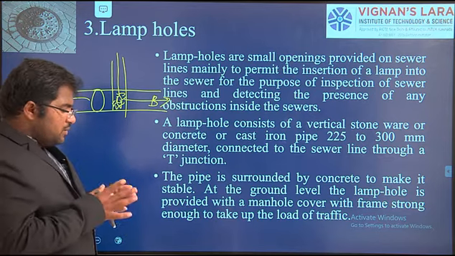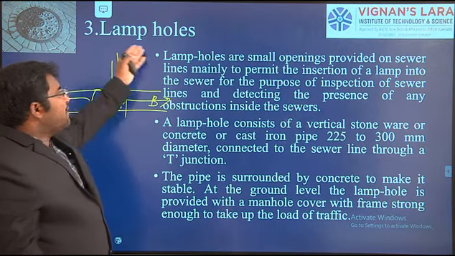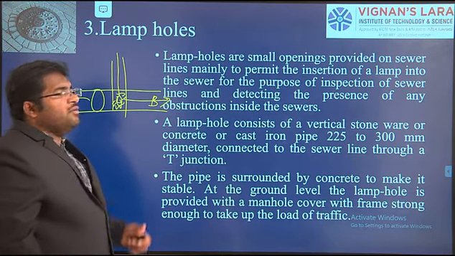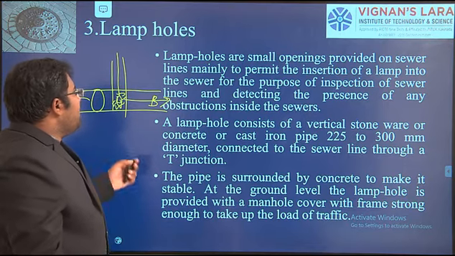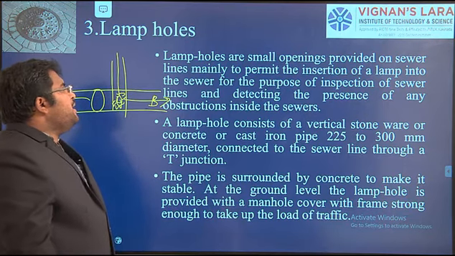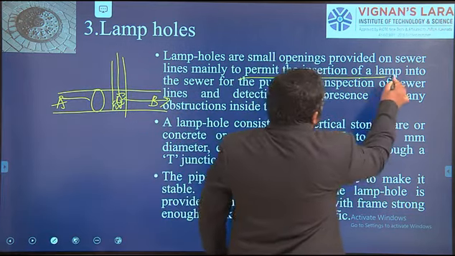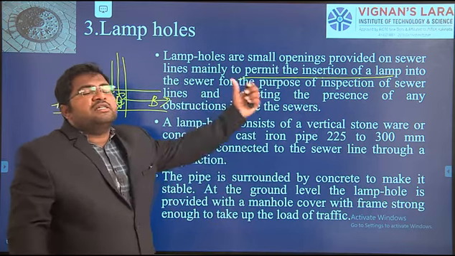For this purpose, we have the lamp holes. So this is generally what we will say regarding lamp holes. Lamp holes are small openings provided on sewer lines mainly to permit insertion of a lamp into the sewer for the purpose of inspection.